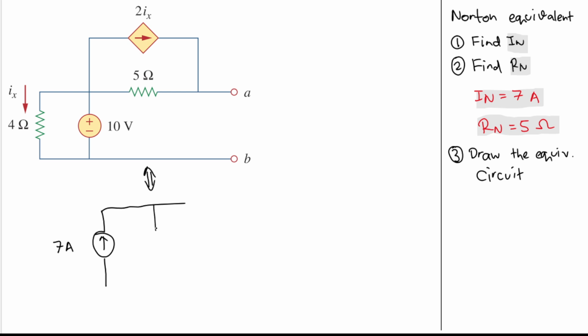So we will have this here and that here as our Norton equivalent circuit. And in the right corner, I will have A, and this one will be B. And this is the final answer of this problem.